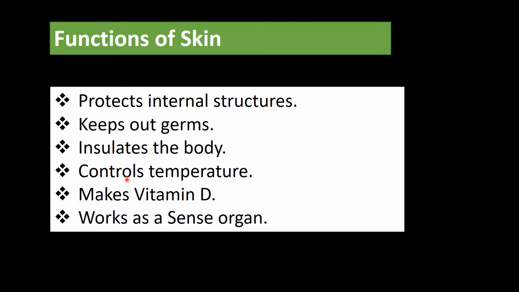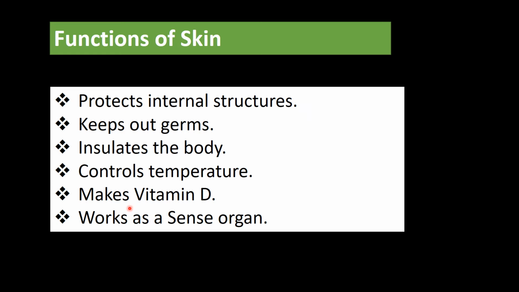It controls the temperature through blood vessels present in it and also through sweating. This is a type of thermostat for you. When we are out in the cold weather, our skin triggers shivering, so the blood vessels contract and keep us as warm as possible. And in hot weather, due to sweating, a cooling effect is produced.